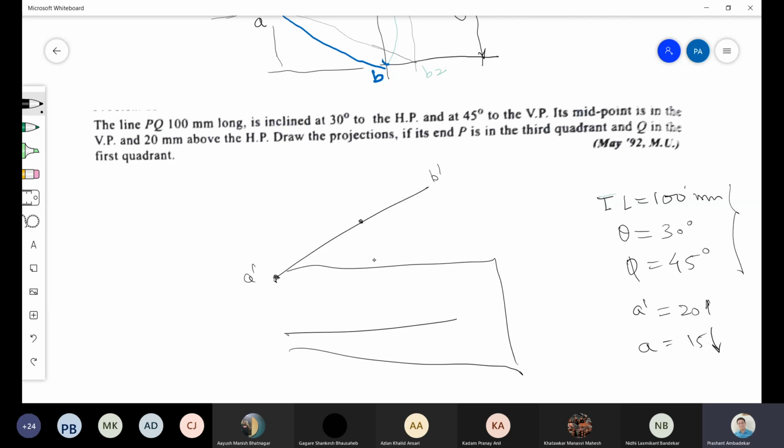So if this is A dash, B dash or B1 dash, this is the midpoint M and its location is given. Now tell me, if this is the midpoint, let me draw it again so that you can clearly understand.